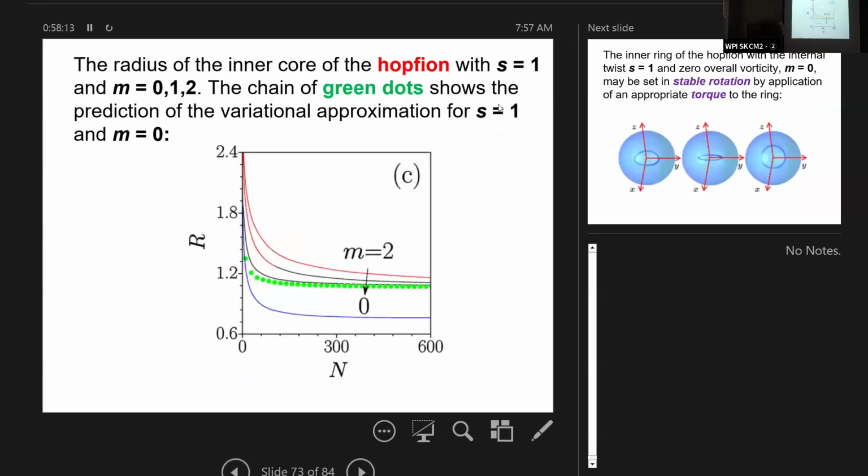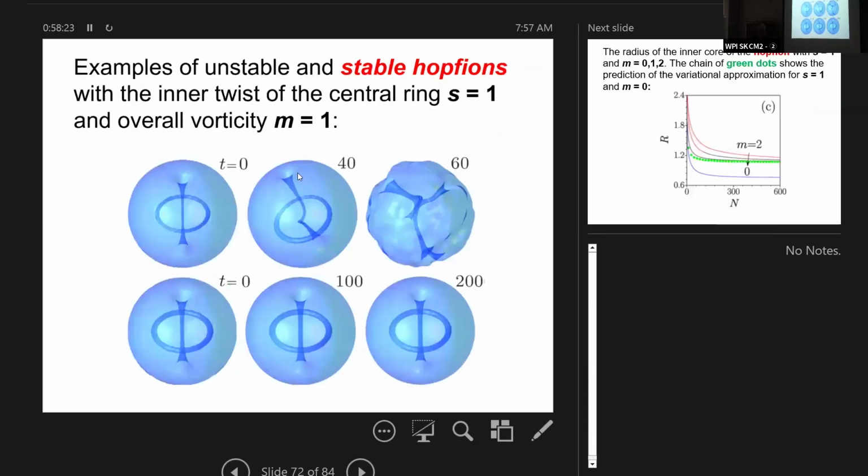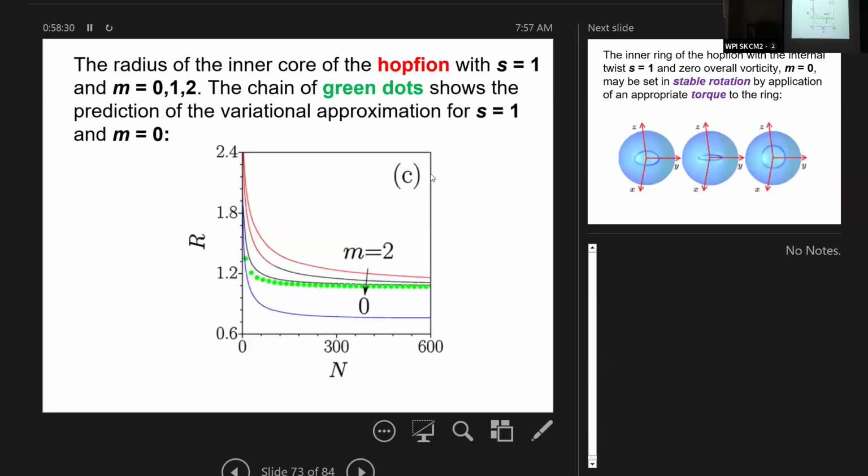Capital R is the radius of the center of this pre-image, the central core of the Hopfion. So it has this radius, obviously. We can collect the results and show R as a function of the total norm. So this is a dependence for different values. In all the cases, the intrinsic twist is fixed to be 1, and we have 3 different values of the external vorticity: 2, 1, and 0.